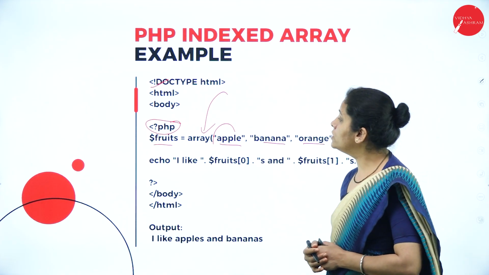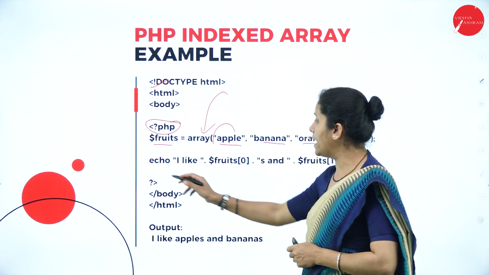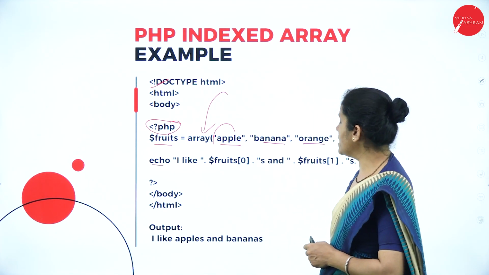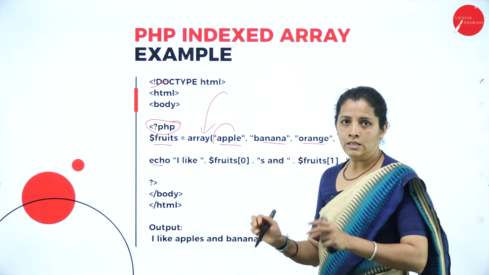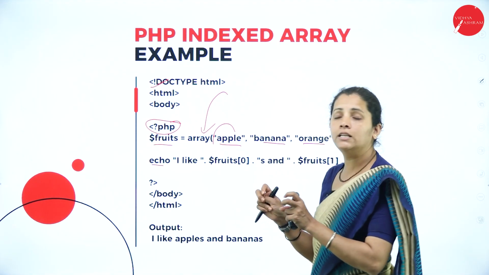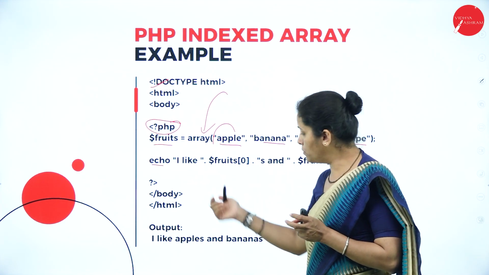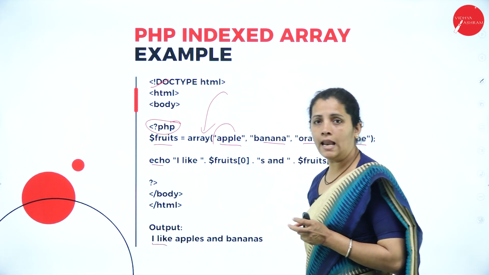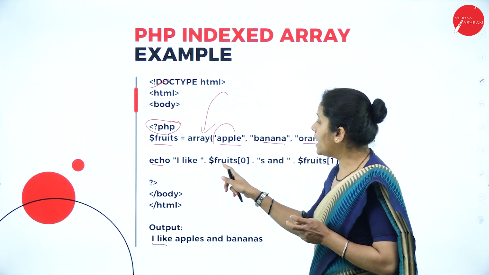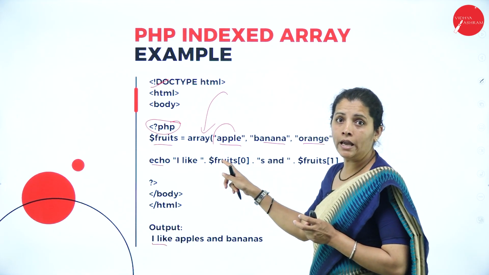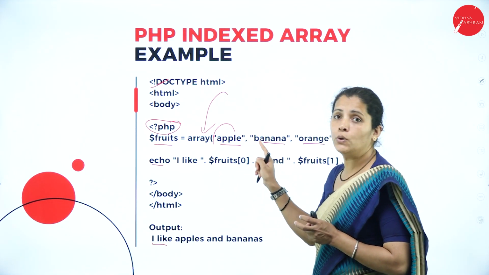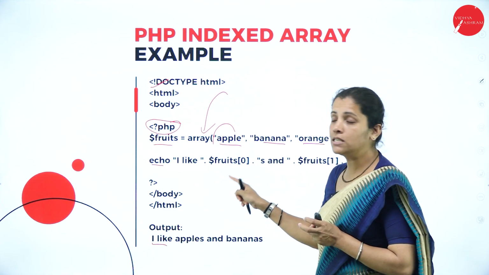Now I'm going to display the values. So it is echo "I like". See here, I have the message that is within the double quotes. So what's my output? I want to get "I like", and I want to display the fruit name which is present at the location 0, index 0.